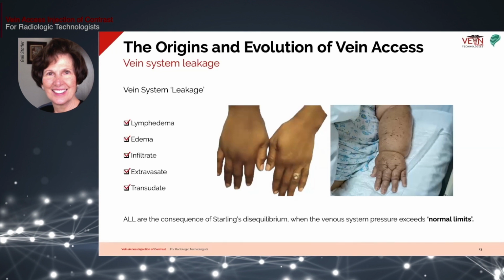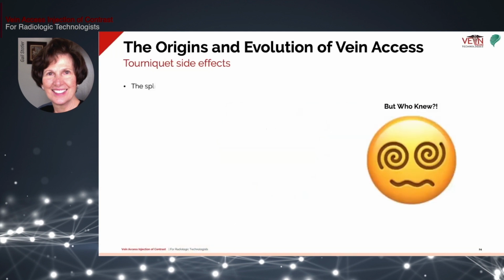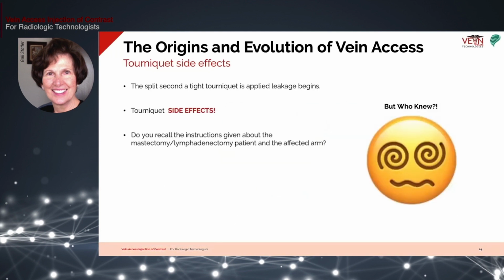Okay, so all of those are consequences of Starling's disequilibrium, regardless of what the cause is. When the venous system pressure exceeds normal, you get leakage. So the split second that tight tourniquet is applied, leakage begins. That's the side effect.